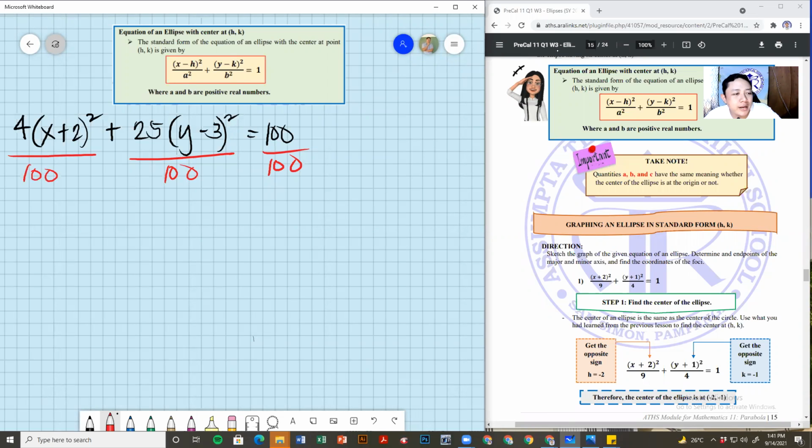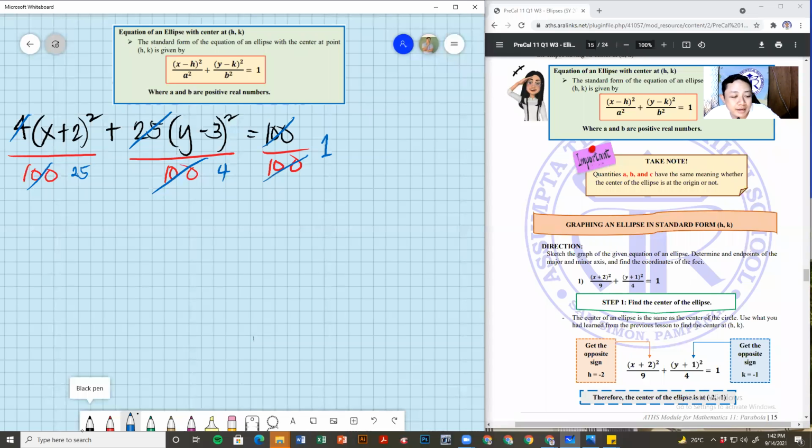Okay, so we now have, let's simplify. 100 divided by 4 is 25. And then 100 divided by 25 is 4. And then 100 divided by 100, it's 1.